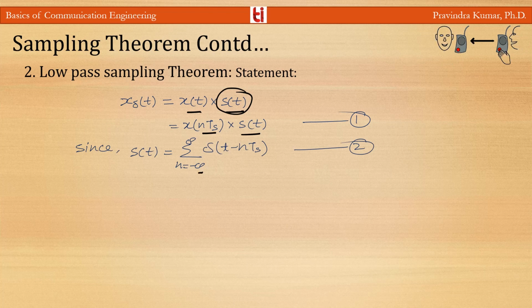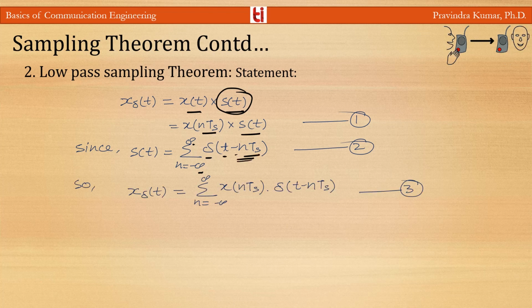Here s(t) is summation n from minus infinity to infinity delta(t minus nTs), and this is a train of impulses. Now the mathematical expression for the sampled signal x delta t can be given as summation from minus infinity to infinity x(nTs) into delta(t minus nTs).